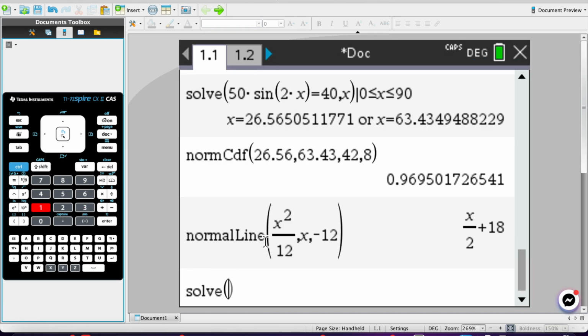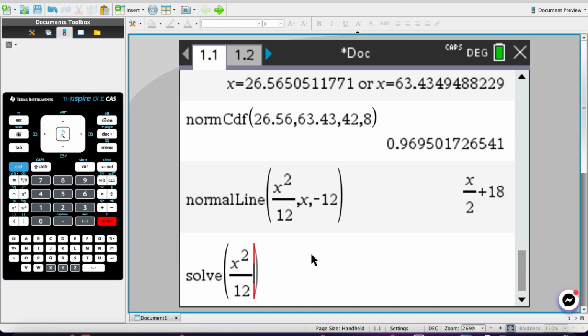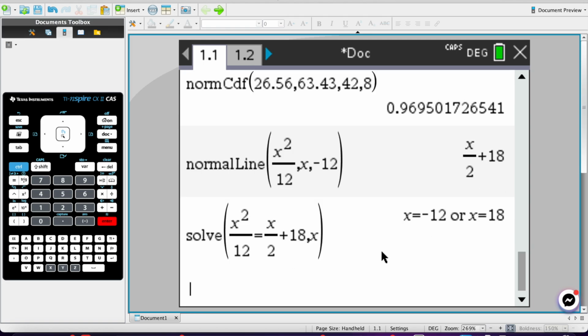So menu 3.1, we've got this function here equal to that line there, comma x. We had that negative 12 that we obviously know about, but that 18 as well. We don't even need the y value because that 18 just tells us our bound.